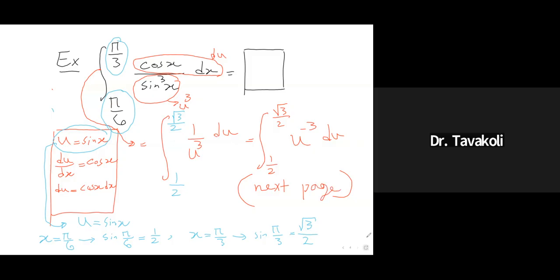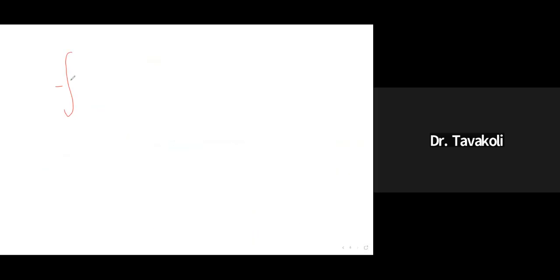So what we have so far: the integral from 1/2 to radical 3 over 2 of u to the power of minus 3 du. Using the power rule, the antiderivative of u to minus 3 is u to minus 3 plus 1, which is minus 2, over minus 2. And then we need to evaluate at these numbers.